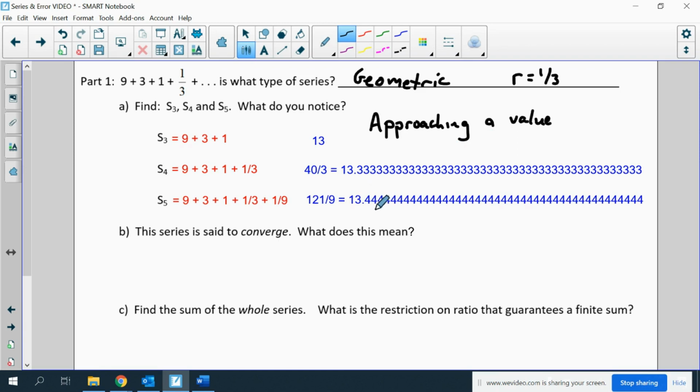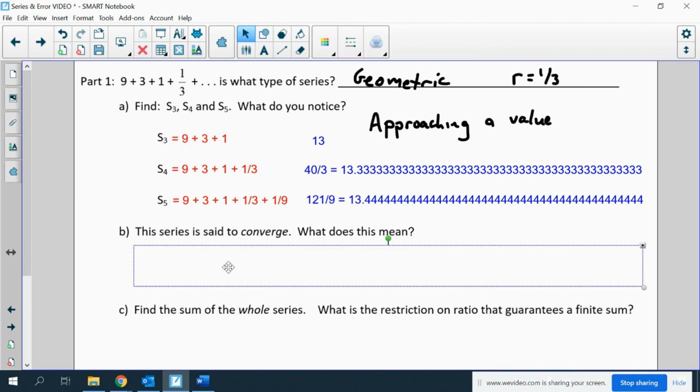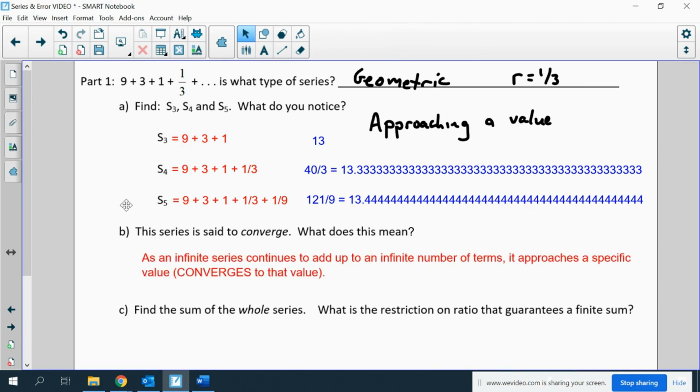It looks like it's not going to get bigger than 14. So it appears that not much more is getting added. It's approaching some kind of value where it's not going to go any further, and that means that it converges. So a series converges when an infinite series continues to add up all of its terms and it approaches, or converges to, a specific value.